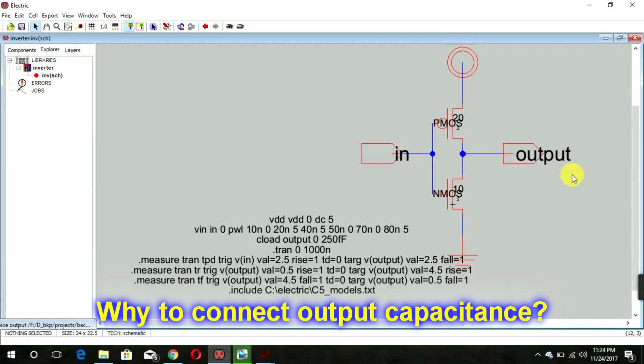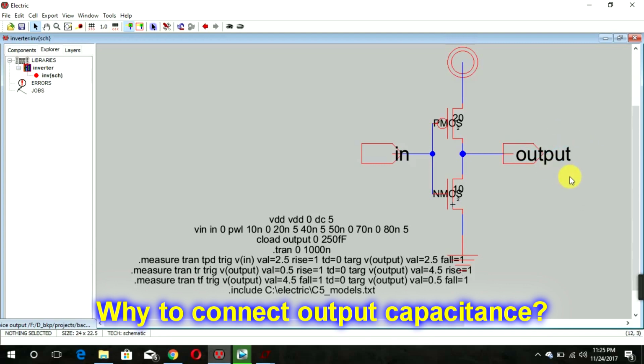When we have a big circuit, we have many circuits connected to each other. Let's assume we have designed this inverter, and we have one more inverter at the output of this inverter. So we have a two-stage inverter now. This output is connected to the input of the PMOS and NMOS of the next stage.